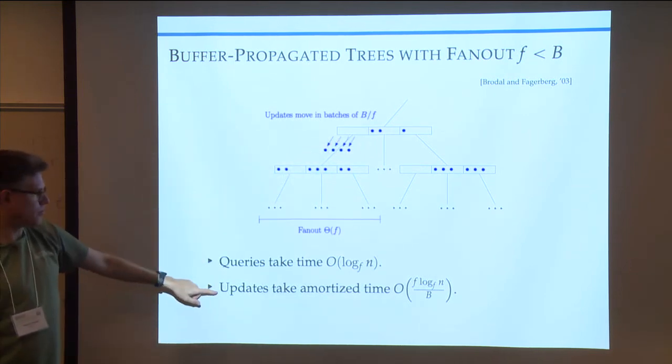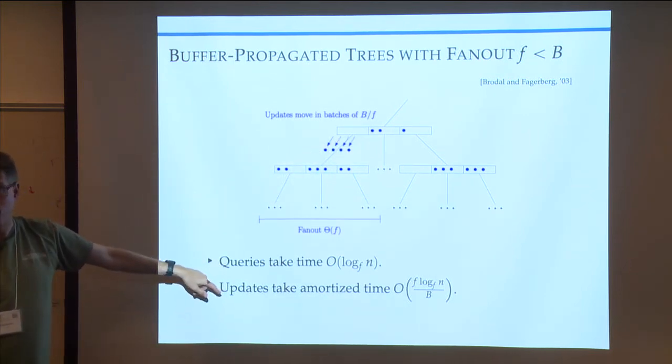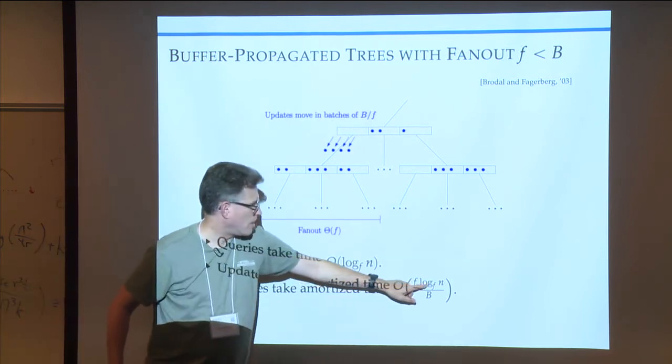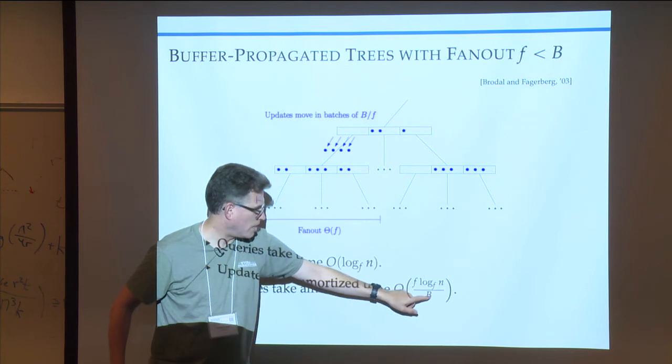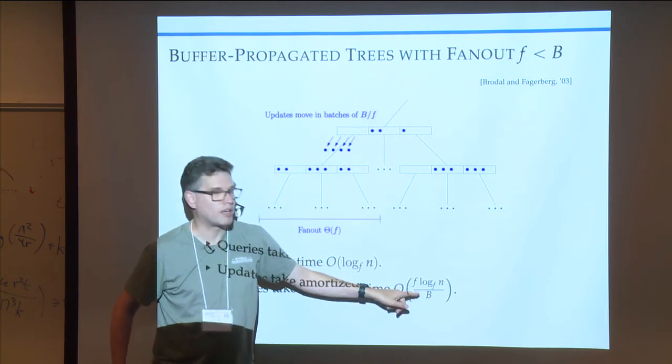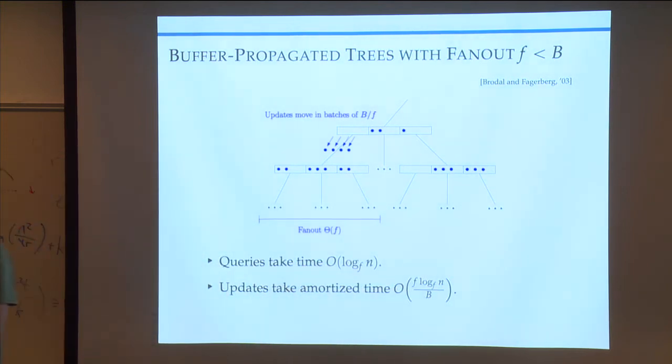And so the amortized cost to insert or delete or update is the height of the tree divided by the block size divided by the fan out. Make sense? This turns out to be 1 to 2 orders of magnitude in practice, which is why we could make a file system and a company and a key-value store and all this stuff out of this observation, because the asymptotics make a difference.